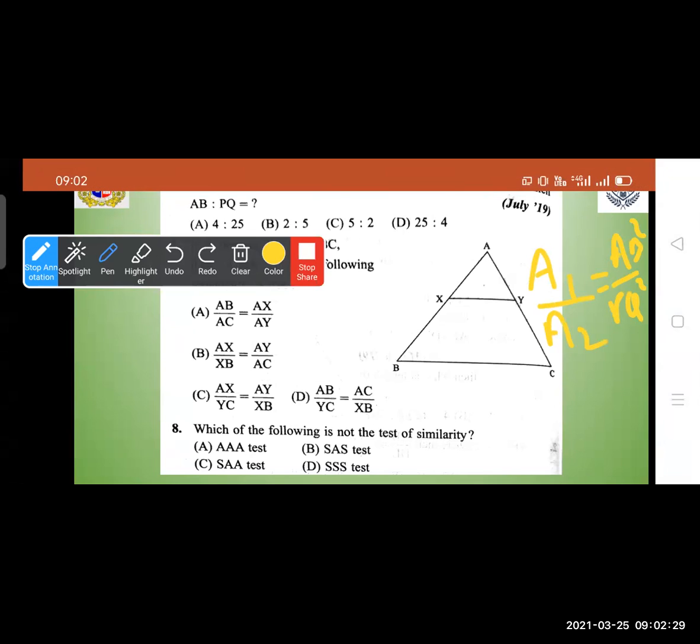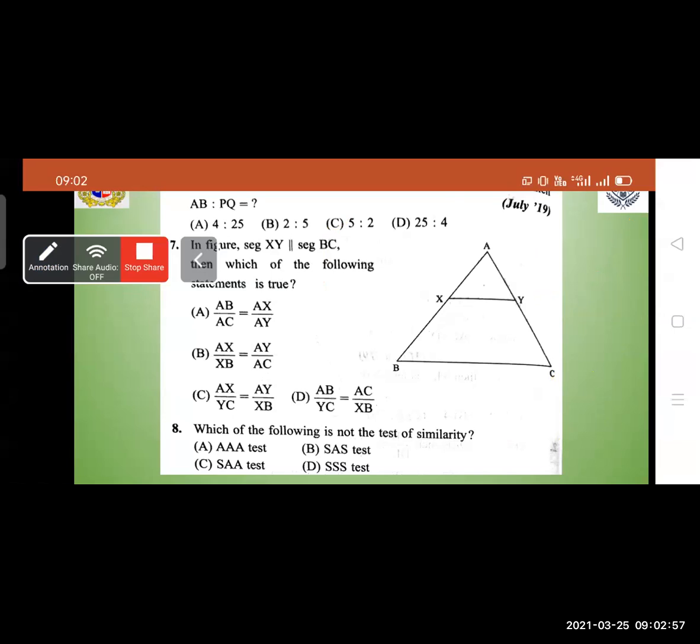So A1 by A2 is equal to 25 by 4. You have to find the ratio AB by PQ, so take the square root of 25 by 4. The square root of 25 is 5 and the square root of 4 is 2. Then your answer is C, that is 5 is to 2.